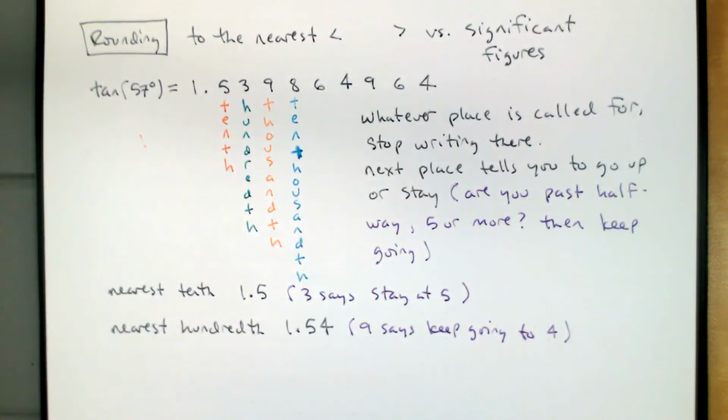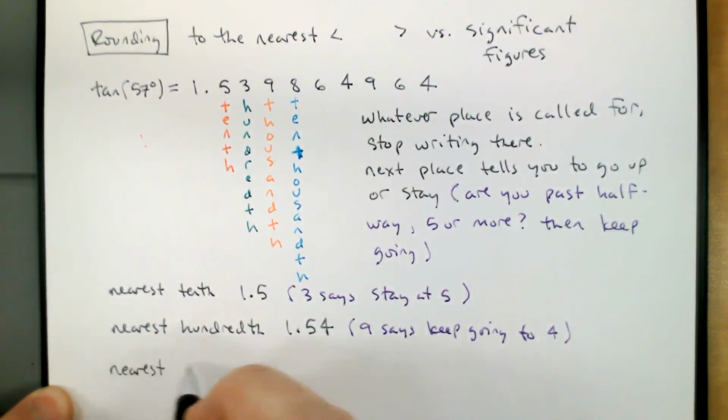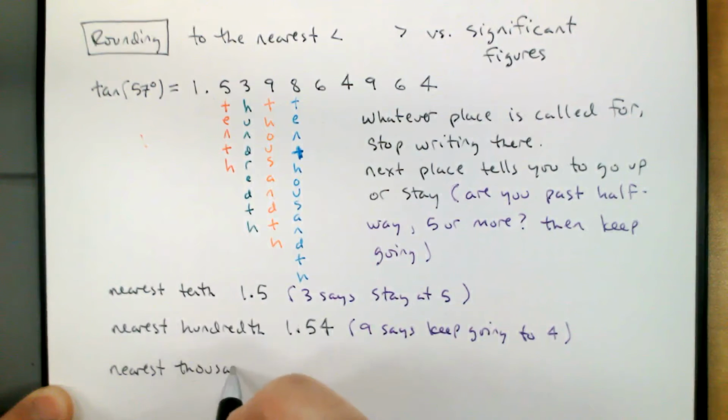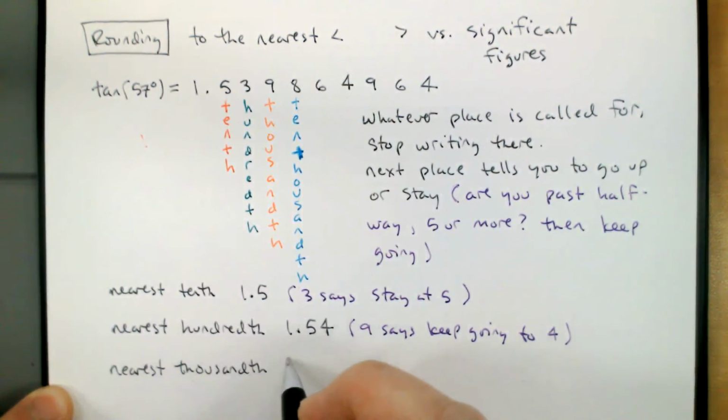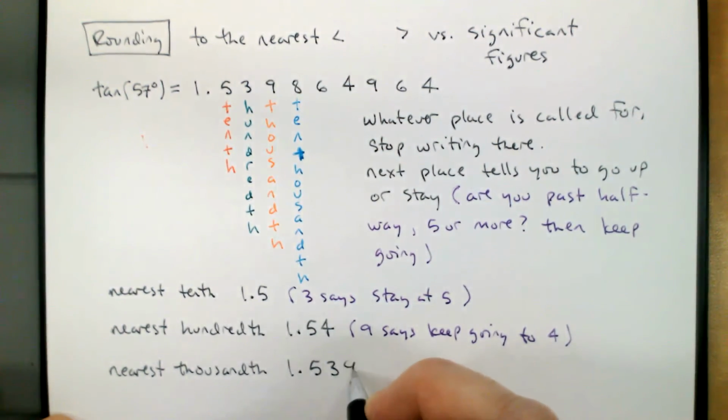If I wanted to round this number to the nearest thousandth, I need to write 3 digits after the decimal point. So I write the 5, then the 3, and then the decision comes down to the, oops, I don't want 3, do I? I need to write 3 digits, so I'd want to write 1.539.